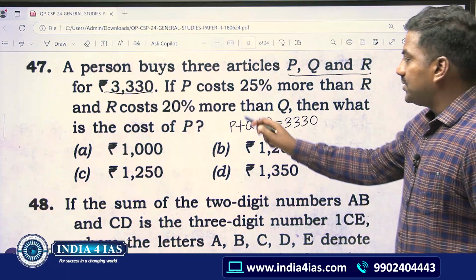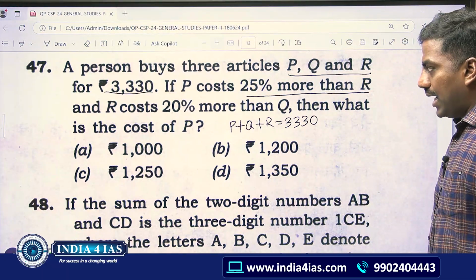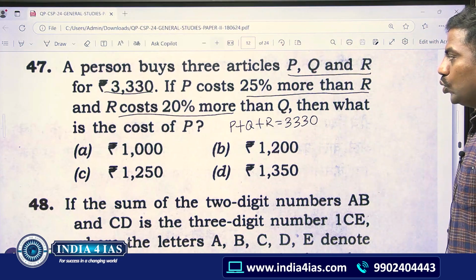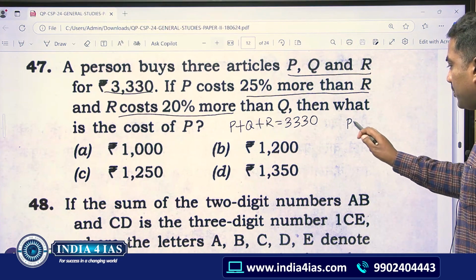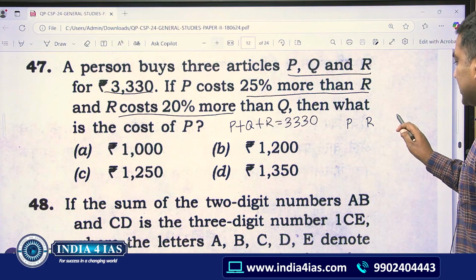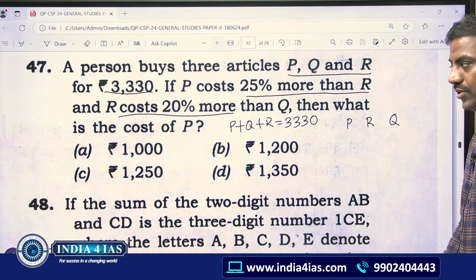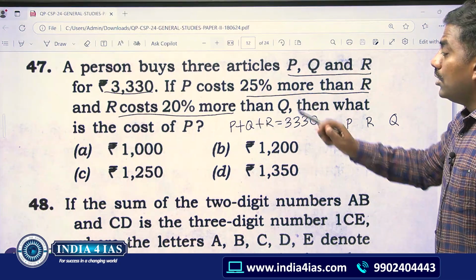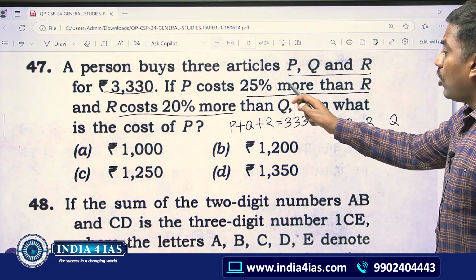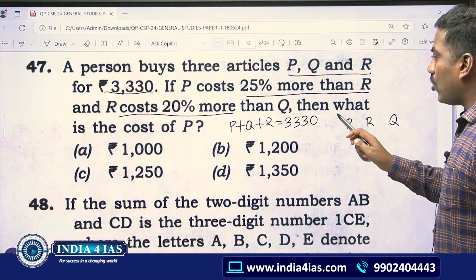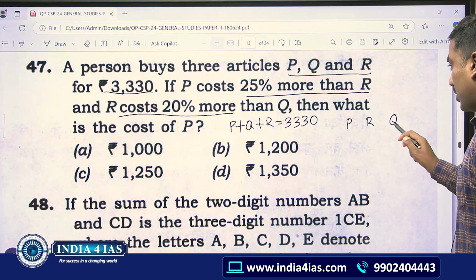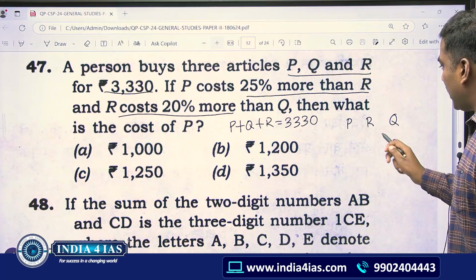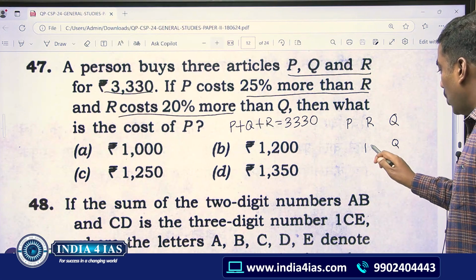If P costs 25% more than R and R costs 20% more than Q. See, P is expressed in terms of R, R is expressed in terms of Q. So here what we can do? Q value is Q. So 20% more than Q is R. So R is 1.2 Q.